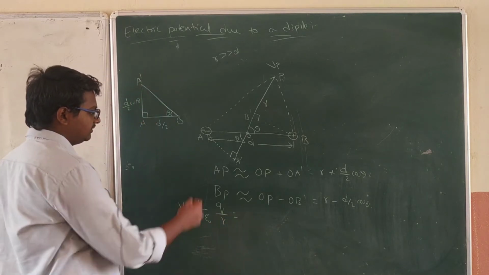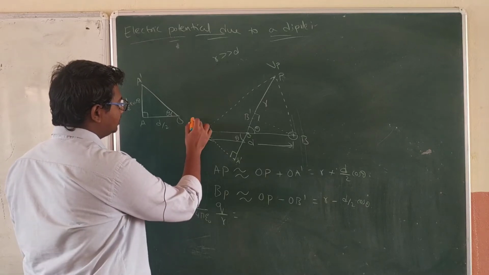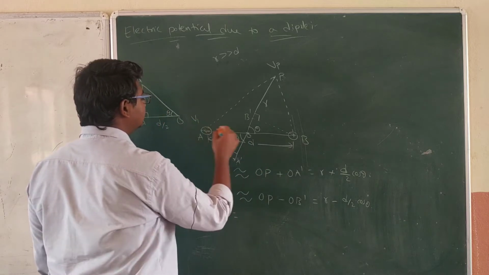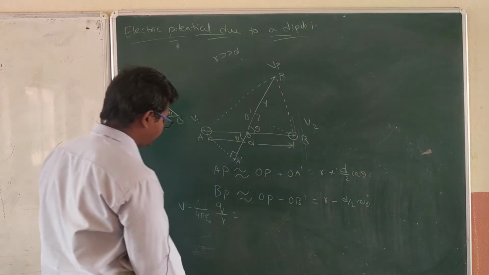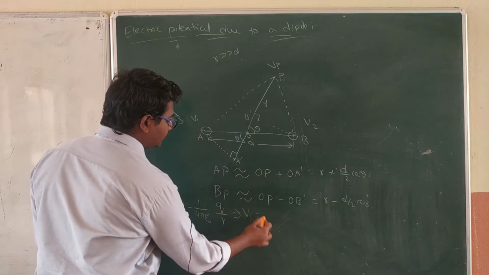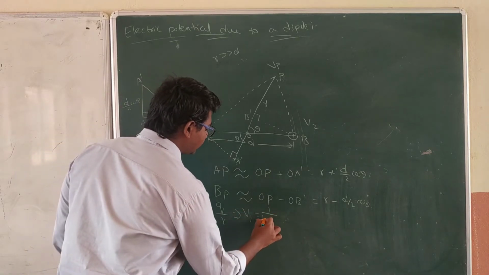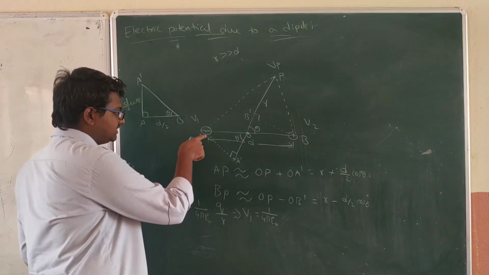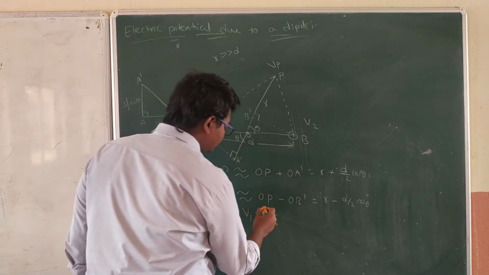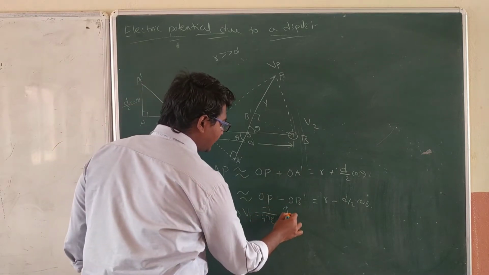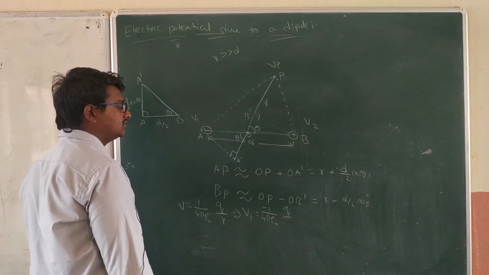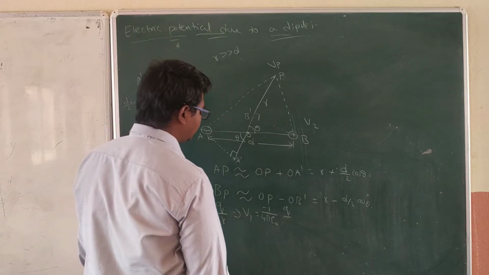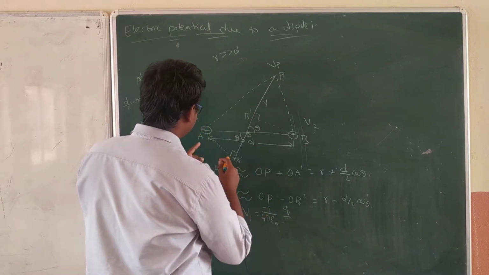In the same manner, the potential due to this charge I am considering as V1 and due to this charge as V2. Then V1 is equal to 1 by 4 pi epsilon naught, and this is a negative charge, so we keep a negative sign, the charge is minus Q. We can take only the magnitude Q by the distance.